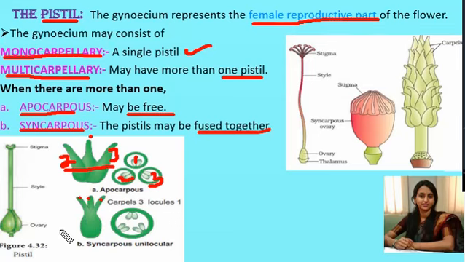When you take the transverse section of such an ovary, it consists of only one locule. Hence this condition is known as syncarpous. This is the syncarpous ovary of Papaver. Here the ovary is fused and these are stigmas.